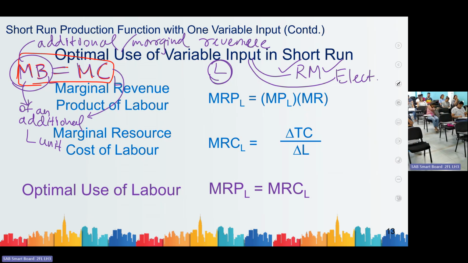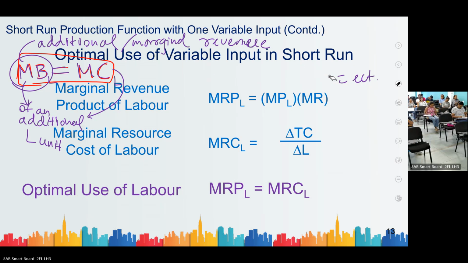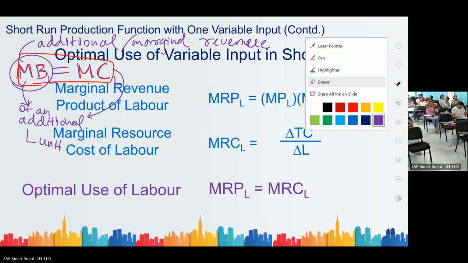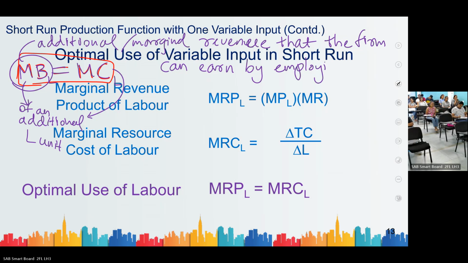Marginal benefit of labor is additional or marginal revenue that the firm can earn by employing one additional unit of labor.